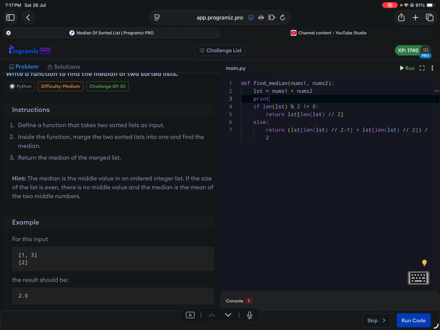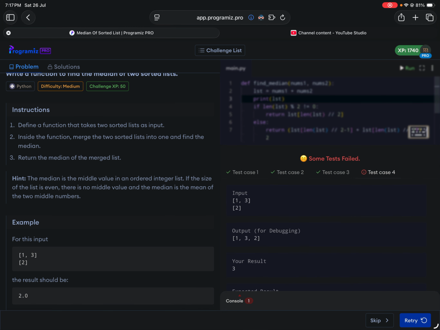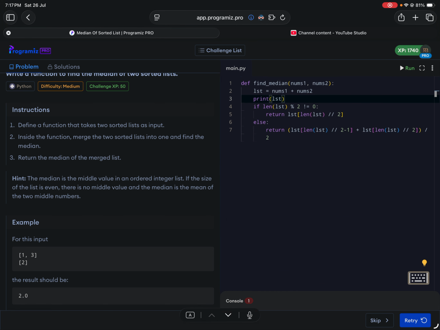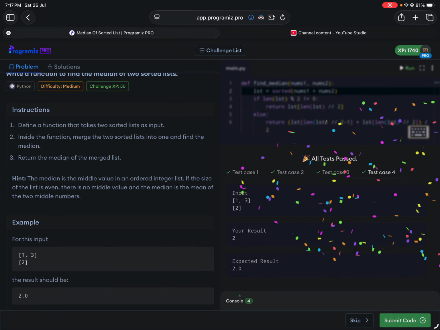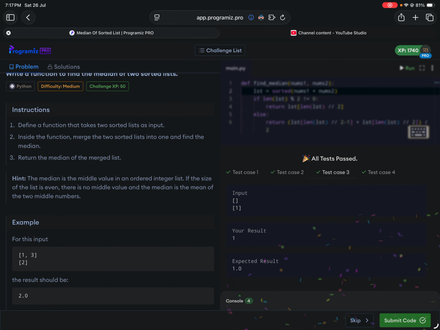I think that's the only reason. So once we add that sort, let's run it. Should work fine, in my opinion. Yep, right. So that's how we can solve this particular problem.